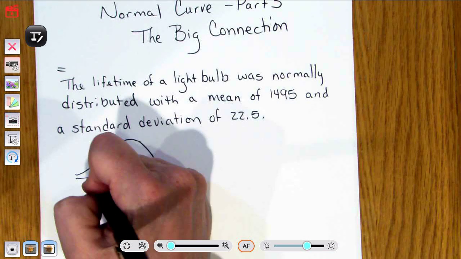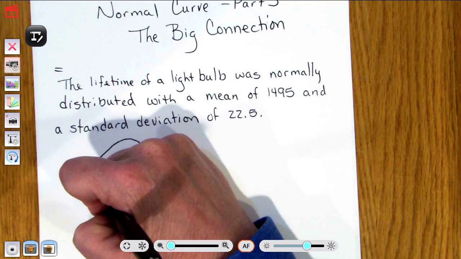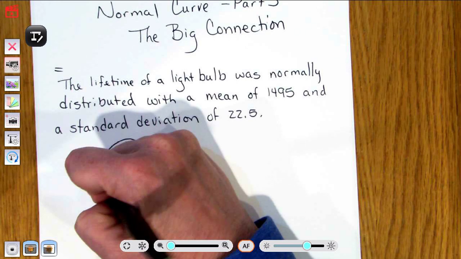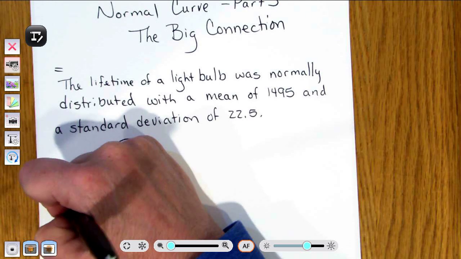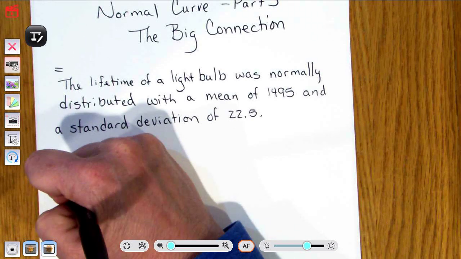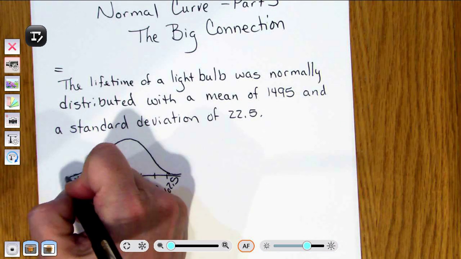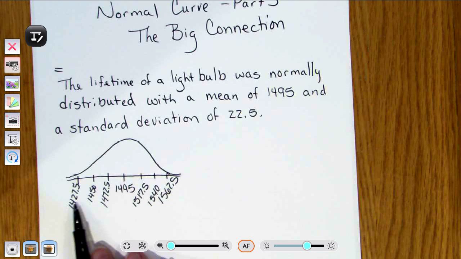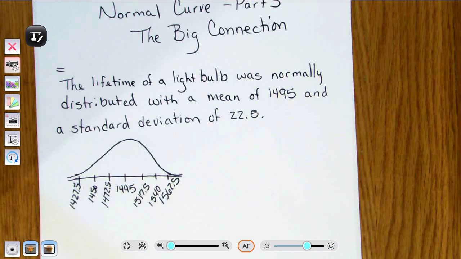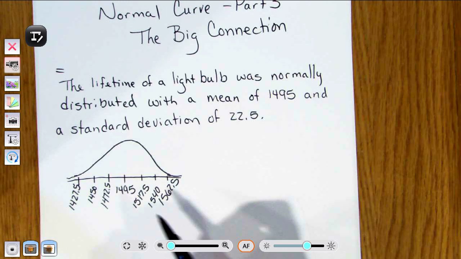And we can also subtract, and we get 1472.5, 1450, and 1427.5. The empirical rule allows us to pretty much answer any percentage questions using those values. Today we're going to figure out what happens if I want some other number.